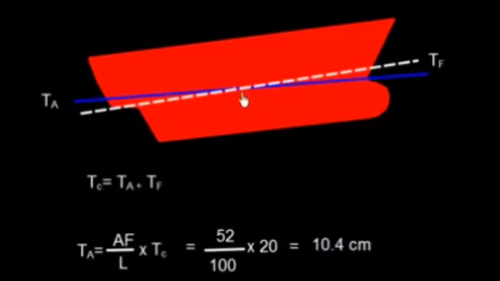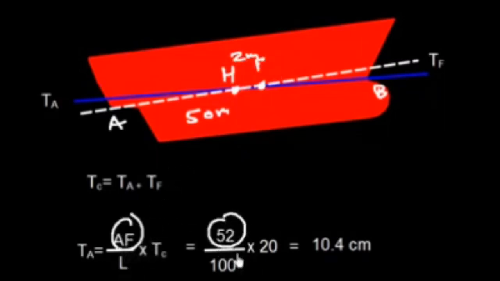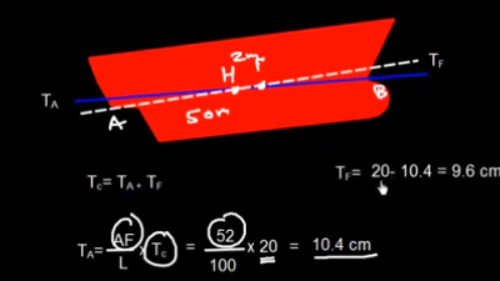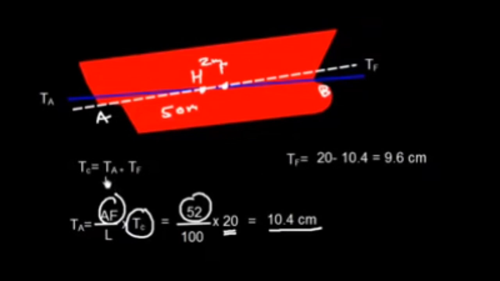Now, since it was 100 meter, this is A, this is B. So H is going to be 50, and F is somewhere here, which is 2 meter, so AF is 52. So 52 divided by 100 multiplied by 20, which is trim cost, I get 10.4 centimeter. Now the change in the trim forward will be 20, which is TC, minus TA 10.4, which is 9.6 centimeter.